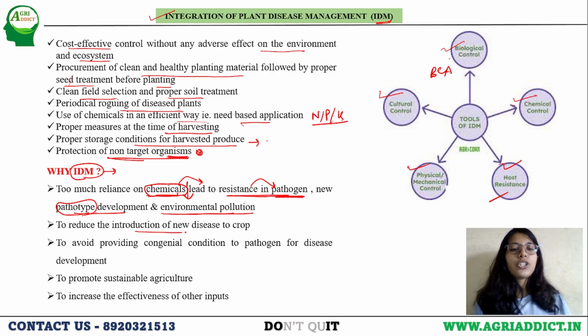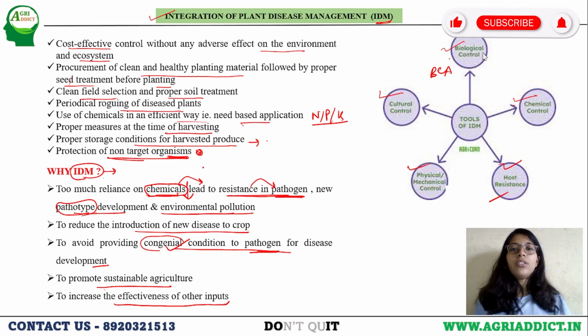To reduce the introduction of new diseases to the crops. To avoid providing congenial conditions to the pathogen for disease development. Congenial means favorable environmental conditions. So we need to modify the environment so that the pathogen cannot proliferate or multiply. To promote sustainable agriculture and to increase the effectiveness of the other inputs.